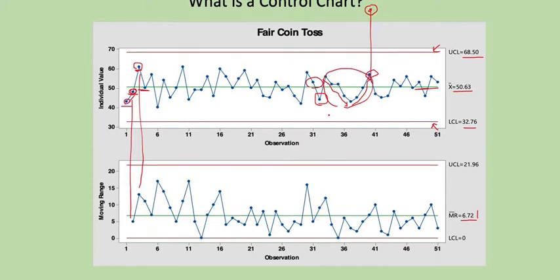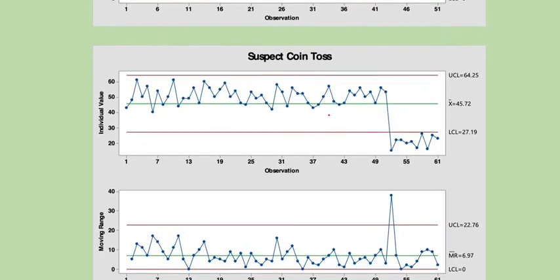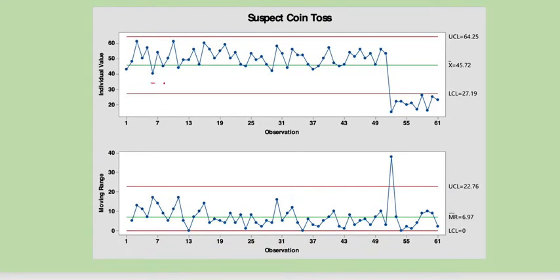Now let's say, for example, you had the process from before, it looked pretty good, and then all of a sudden you see this gigantic drop. So now you have a process level shift. It doesn't take a statistician to see that something changed here, and you can even see it in the range chart.